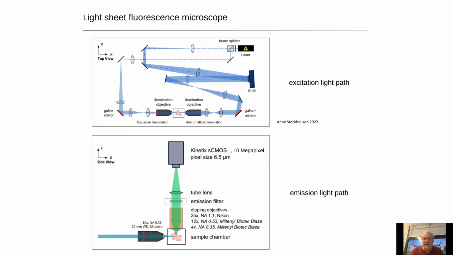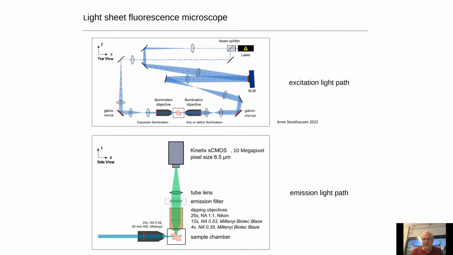The sample region illuminated by that light sheet, as shown below, is then imaged by an objective lens. The focus of that lens is in the region where we illuminate the sample, and that image is then mapped onto a 10 megapixel CMOS scientific camera.